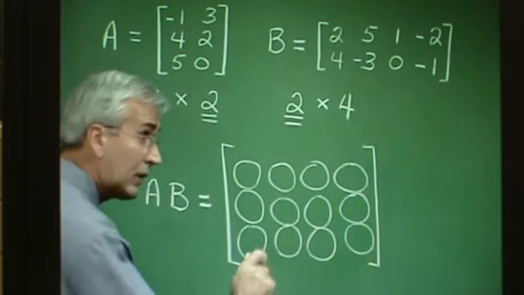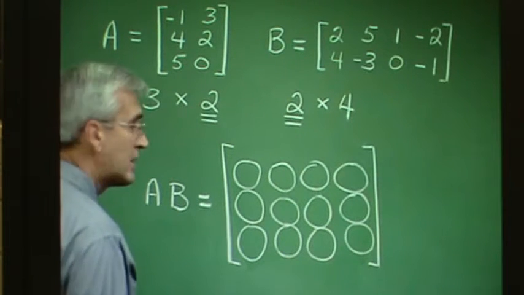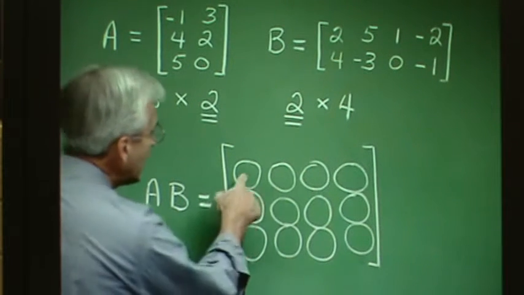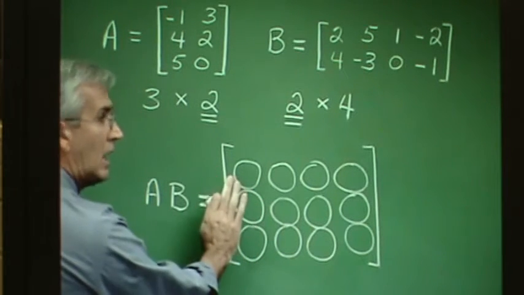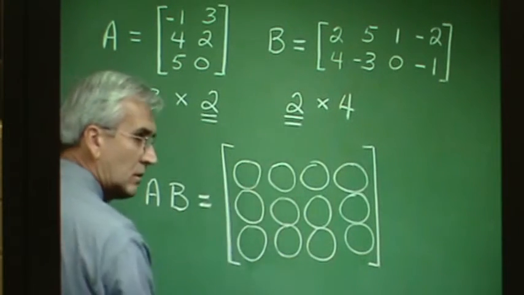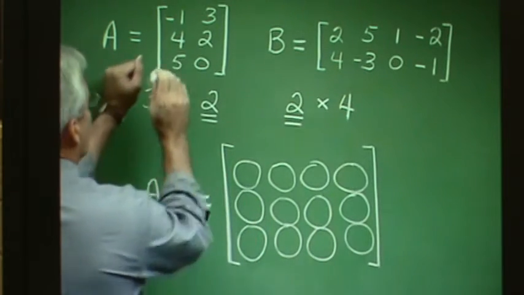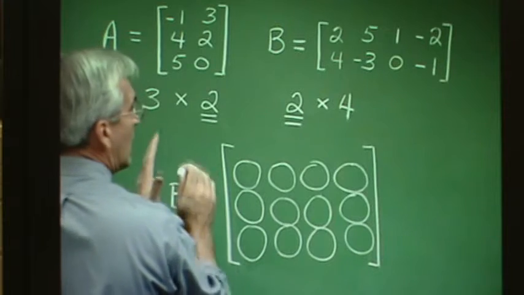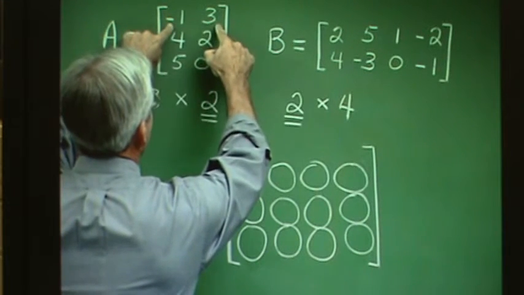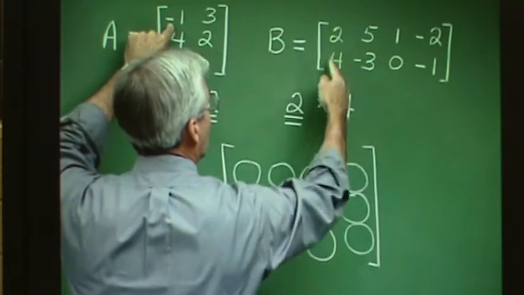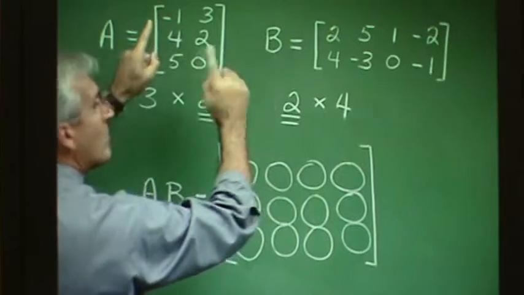Okay, now the next trick is to identify the value of each of these that goes in each of these circles. Well, let's take this one. Now, this item is in the first row, first column of our answer. And here's what we do. First row, first column. We take the first row of our first matrix and the first column of the second matrix, and we perform this operation.